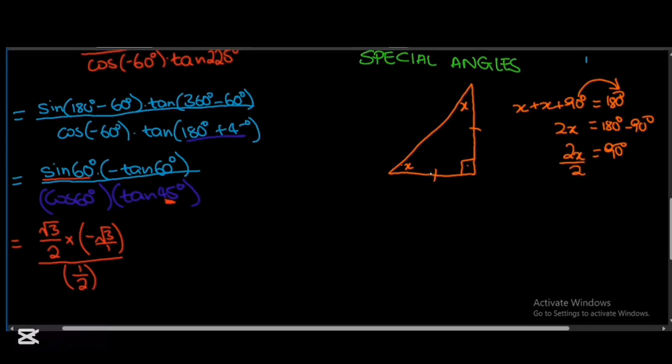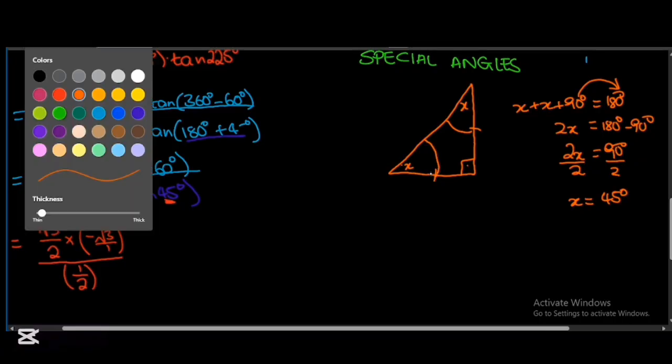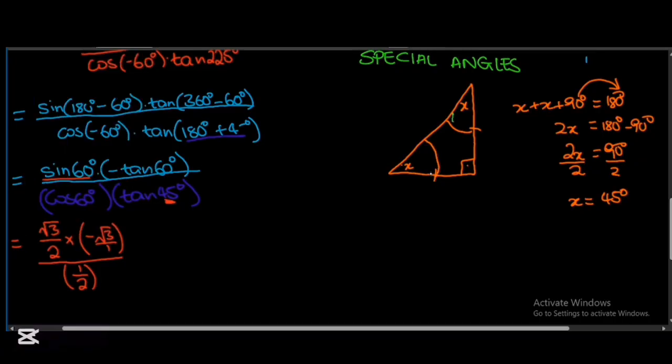Dividing by 2 on both sides, x will be equal to 45 degrees. So now this special triangle has this angle and this angle, which are both equal to 45 degrees. So we have 45 degrees here and another 45 degrees here, right?